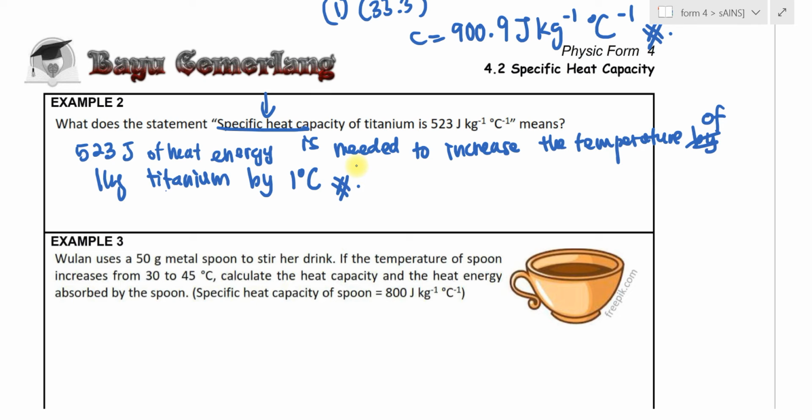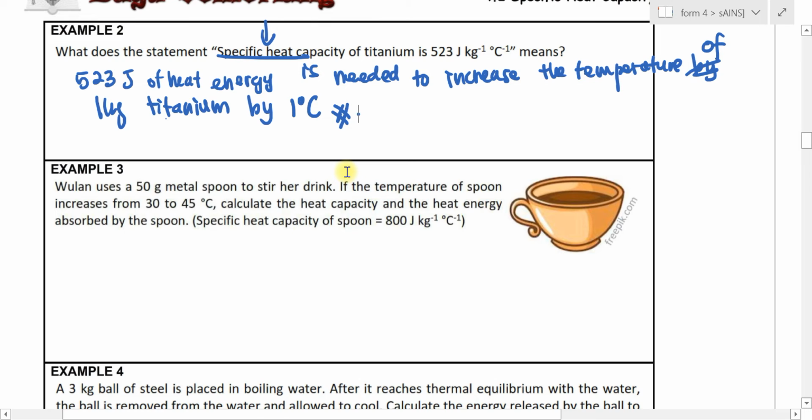Okay, next one. Wulan used 50 gram of metal spoon to stir her drink. If the temperature of the spoon increased from 30 to 45, calculate the heat capacity and the heat energy absorbed by the spoon. Okay. Baik, kita tengok heat capacity dia berapa.